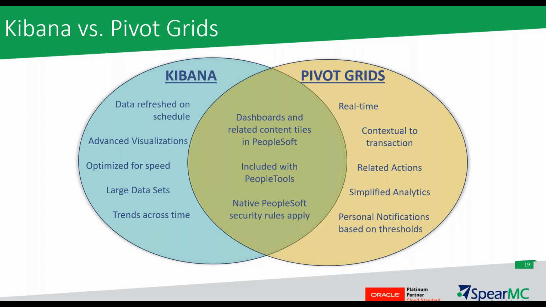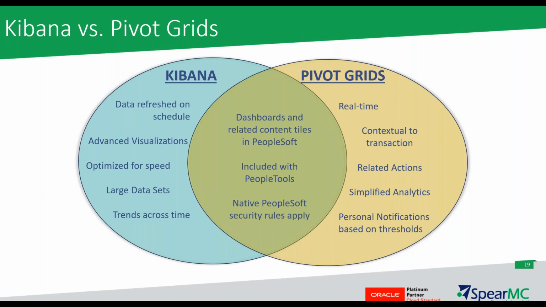The distinguishing features, at least in my opinion, the most important part for Kibana is performance. The performance of Kibana is very fast, both in terms of rendering the data and also its impact on transactions.